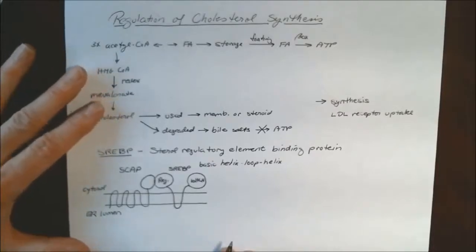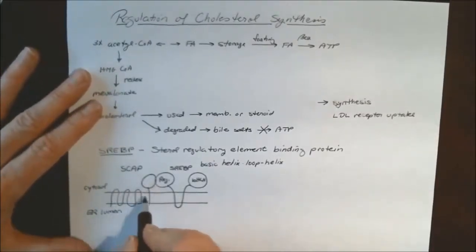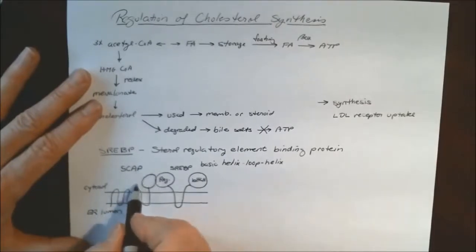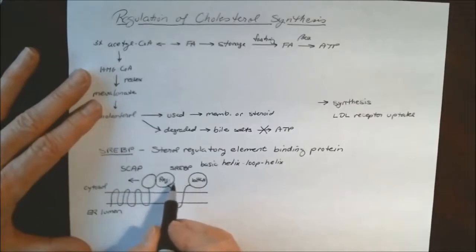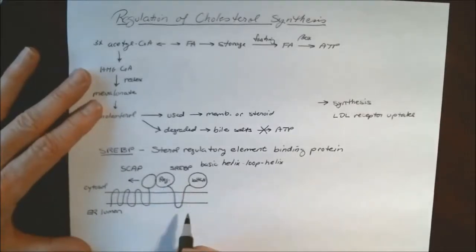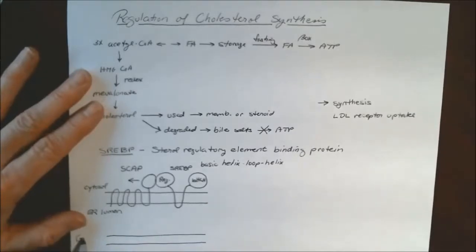Now, under normal conditions, this domain of SCAP releases the binding from SREBP, and then this structure here, the SREBP, now translocates to another membrane structure, which is the membrane of the Golgi complex.